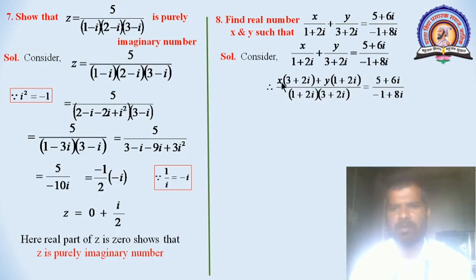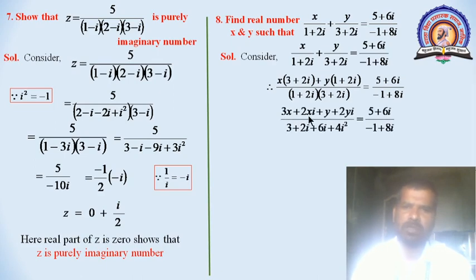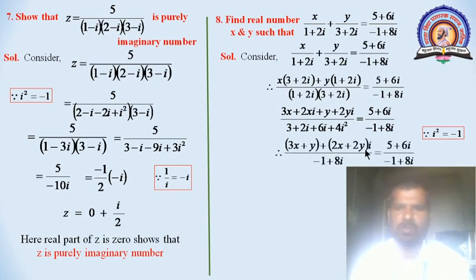Multiply x inside the bracket, y inside the bracket, and on the denominator it is the multiplication of two complex numbers. So we have (3x plus 2xi plus y plus 2yi) upon (3 plus 2i plus 6i plus 4i square). Putting i square as minus 1, and separating real and imaginary parts in the numerator, we have ((3x plus y) plus (2x plus 2y)i) upon (minus 1 plus 8i).